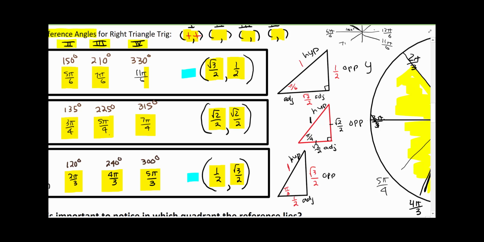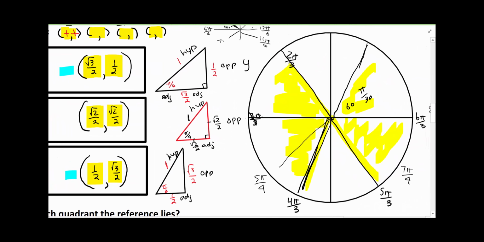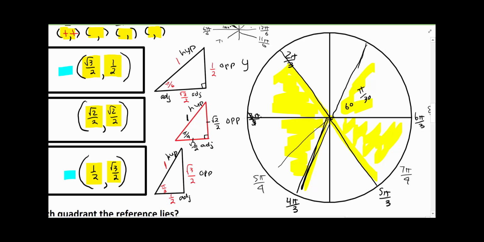And if you can remember those things, so look at what's going to happen. So let's talk about the pi 6 right here. If right here, that right there is 1/2 and then √3/2, then in this quadrant, it's still going to be the 1/2 and √3/2, but the x value is negative.